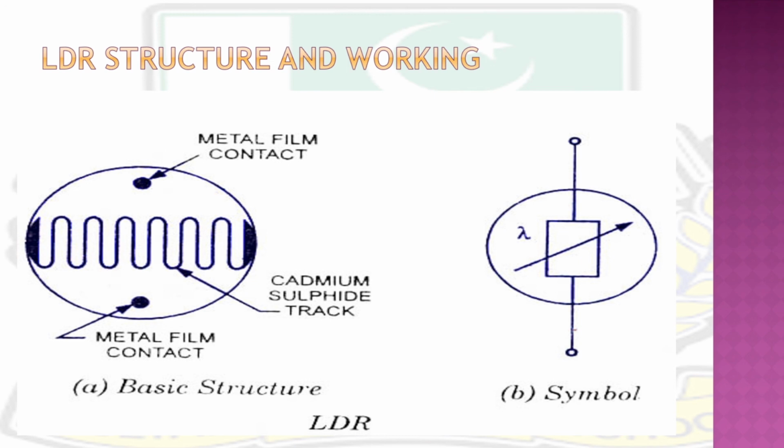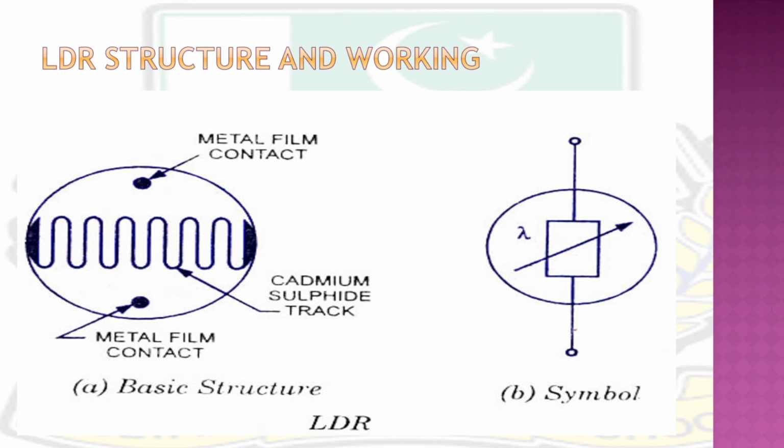So in the absence of light, it is designed to have a high resistance in the range of mega ohms. As soon as light falls on the sensor, the electrons are liberated and the conductivity of the material increases.